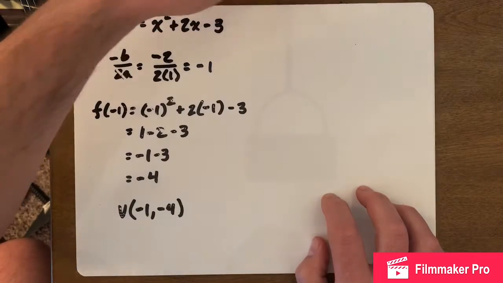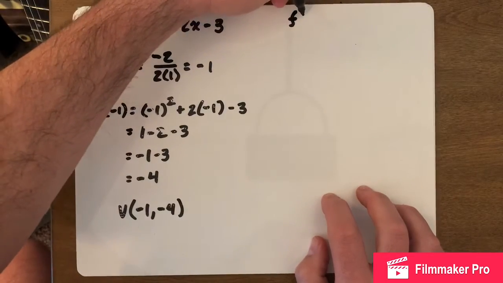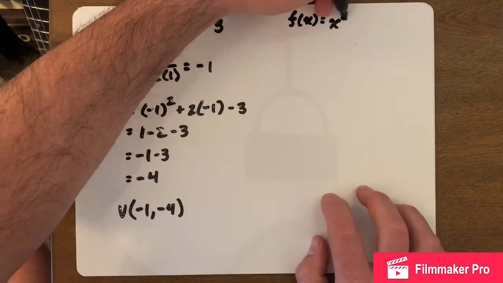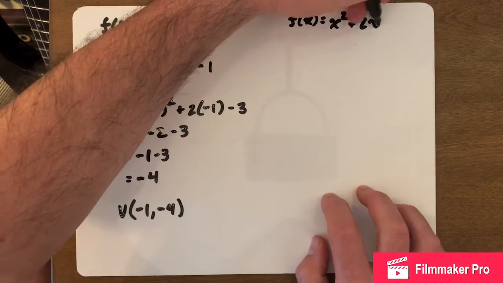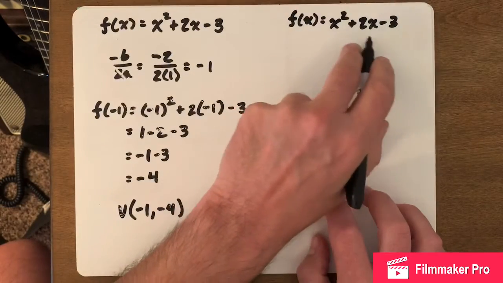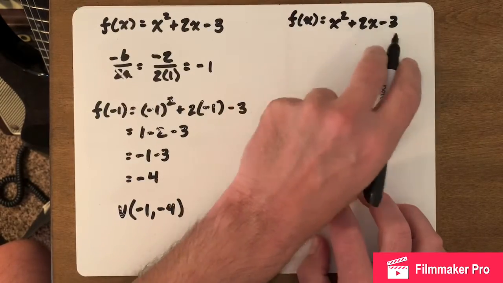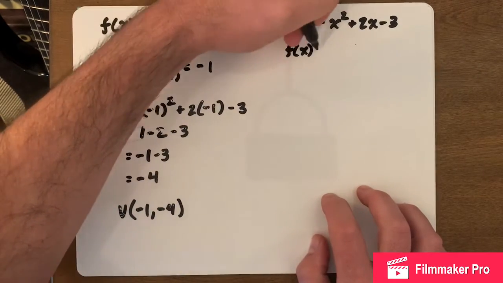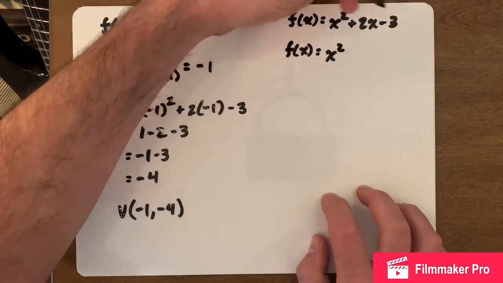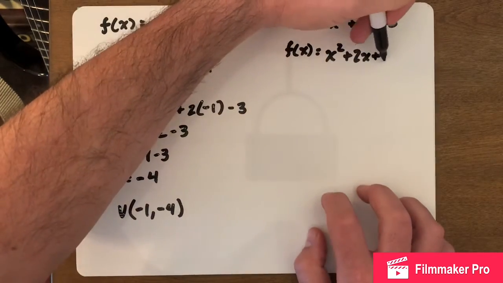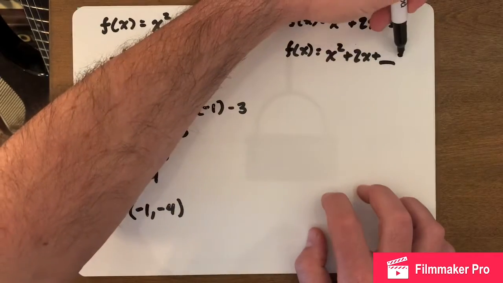So if we complete the square, and I'll just write it again, f of x is equal to x squared plus 2x minus 3. Okay, if we do that, remember, these two terms get separated from the negative 3. X squared plus 2x, and I believe we left a plus blank in there. Minus 3.